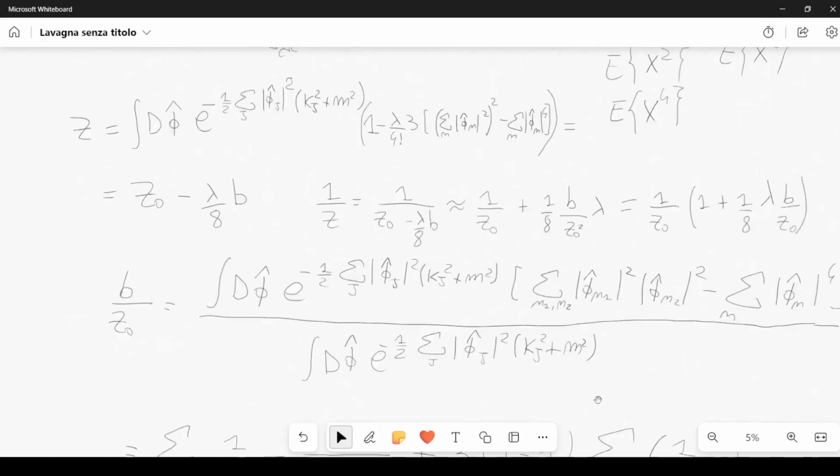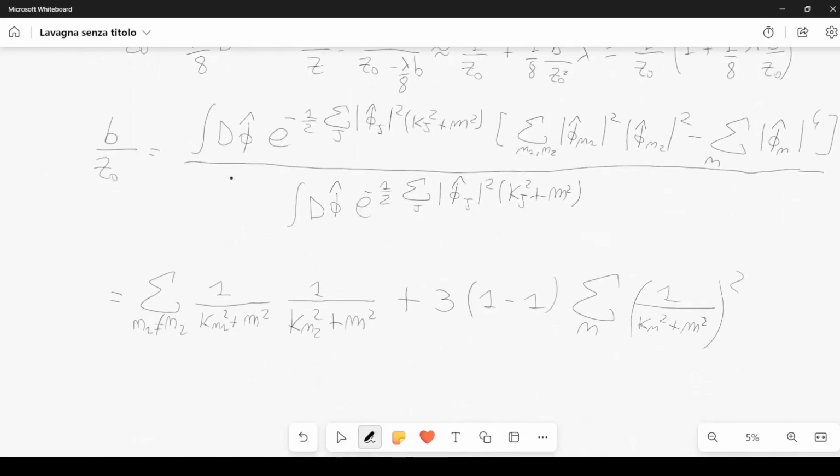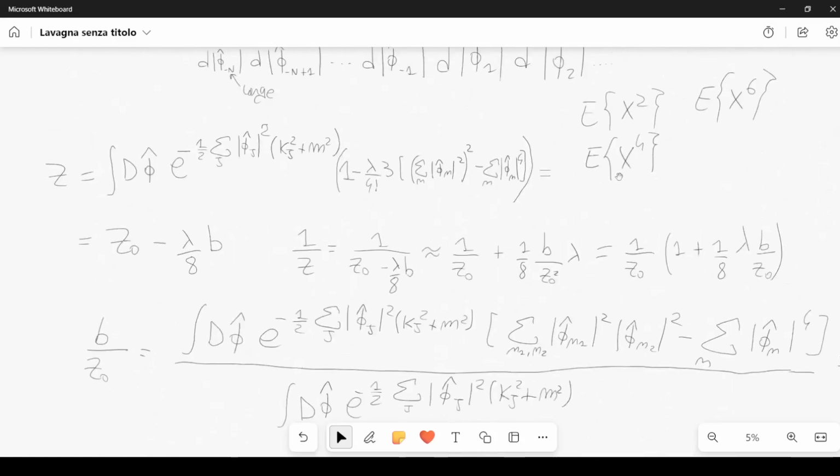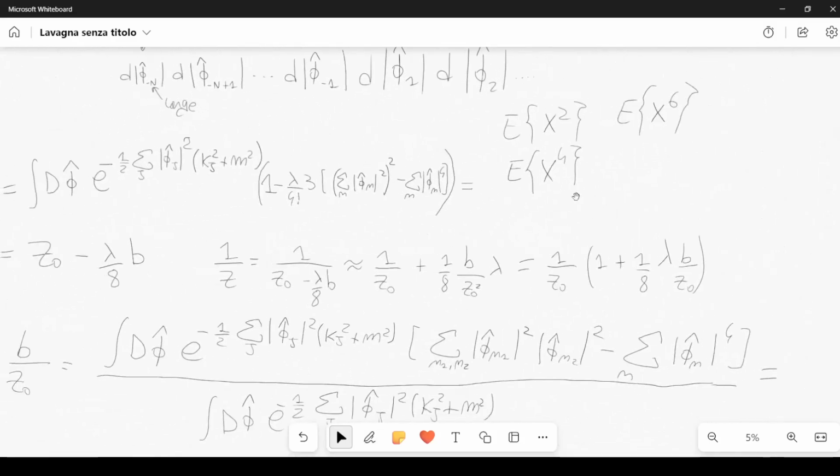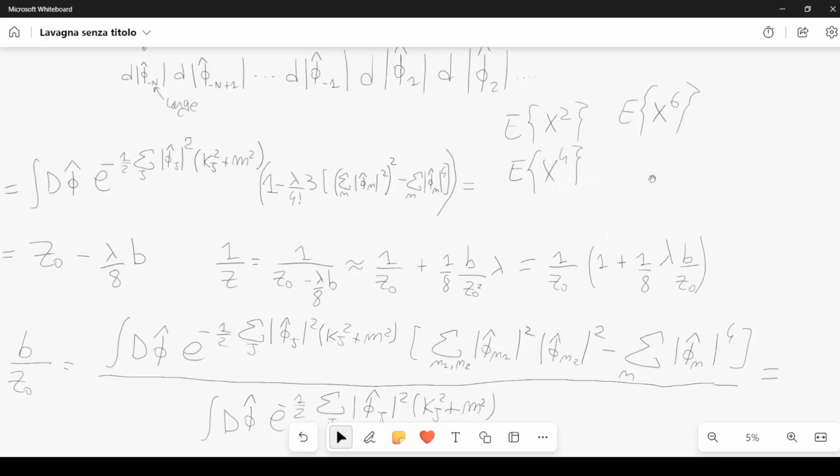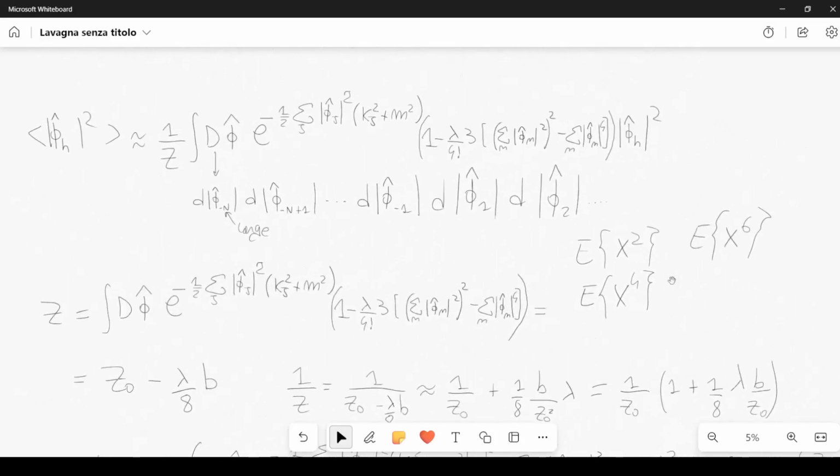Then, remember that we have calculated b divided by z0, and that appears in the expression of 1 over z, because we have exactly this. So basically what we want to do is rewrite this expression in the following way.